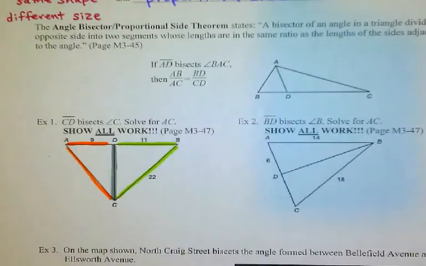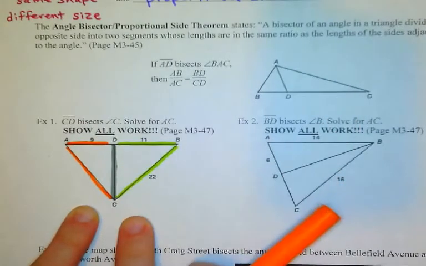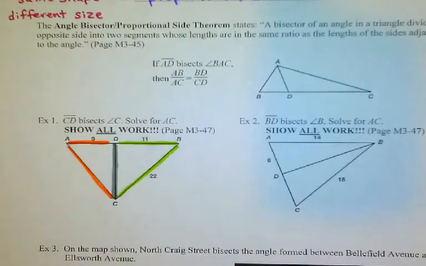So to set this up, there's multiple ways you can set it up. I'm going to show you both because either way you're going to get the same answer. You could set it up as the orange triangle as one fraction and the green triangle as another fraction, making sure that the things that are touching or adjacent next to each other are lined up in your proportion, or lined up in your fraction.